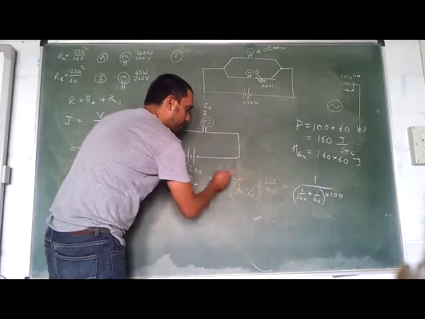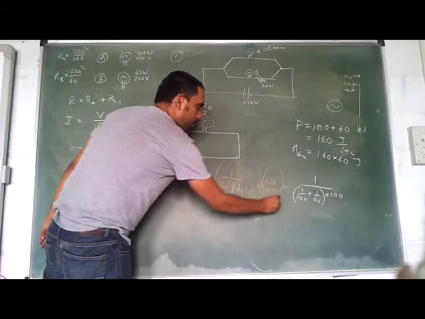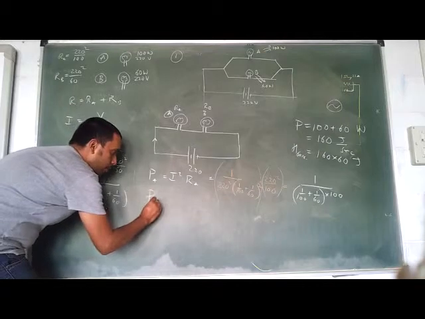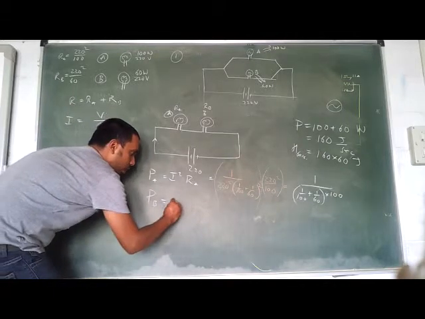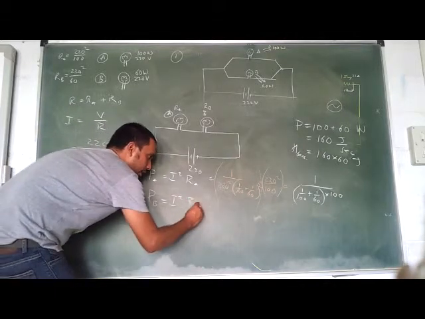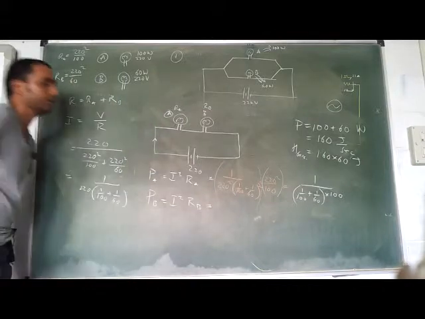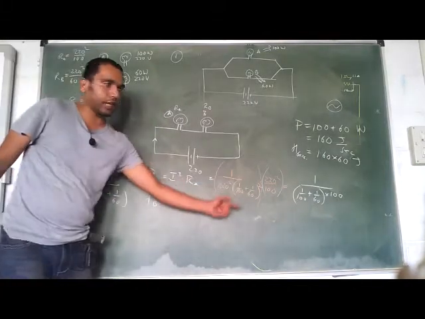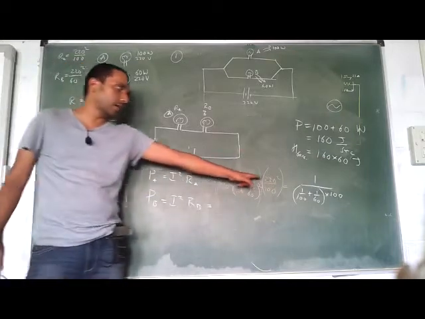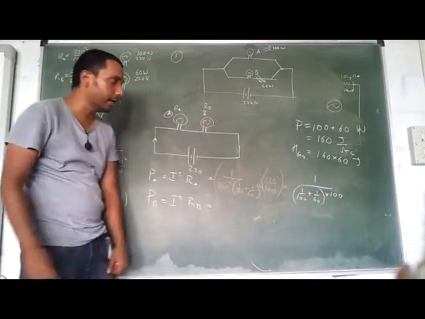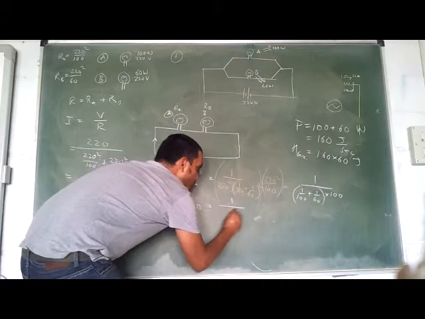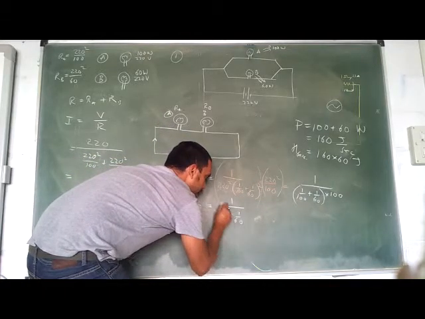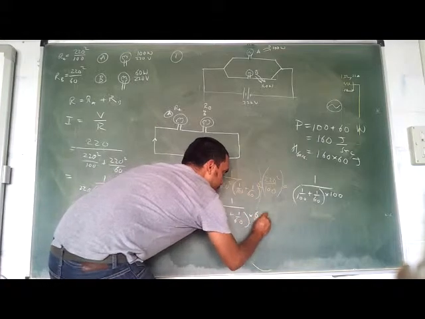This was your current part, I square, and this was your RA. Similarly, PB will be equal to I square, the same current is going through that, into RB. How much is that? You do the same calculation, this becomes 220 square by 60, and you get 1 by 100 plus 1 by 60, whole square, into 60 over there.